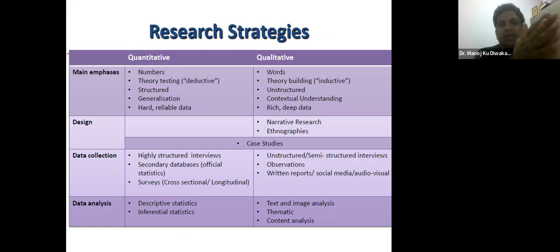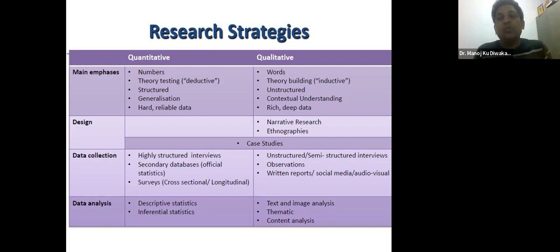Here I can also tell you about quantitative and qualitative. The main emphasis of qualitative is words, theory, and building inductive conceptual structures. Once we talk about the qualitative, for example, how I look by my face, whether this speaker is energetic or not.